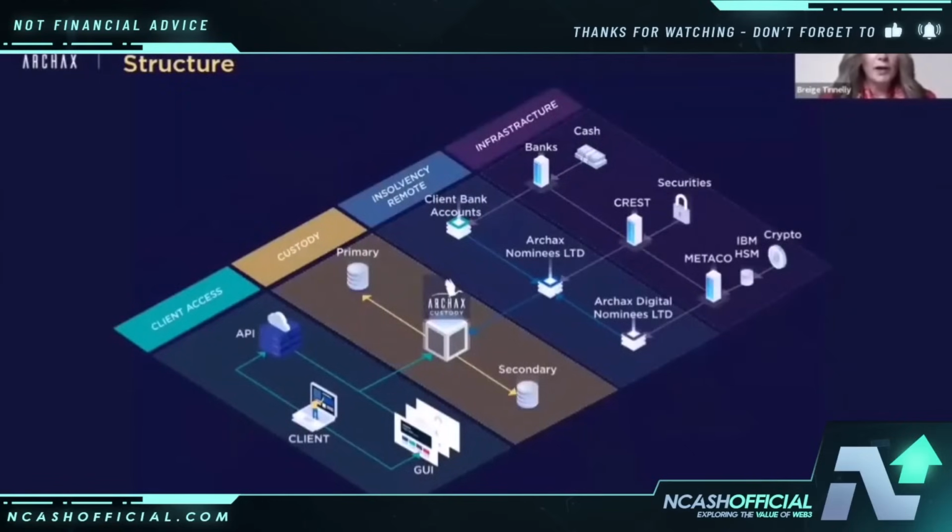Here you really see a deeper dive into what our institutional grade structure looks like. And this is really how we hold these multiple types of assets. So nominee trust structure for securities, and then in terms of security on the digital side, we have a segregated solution delivered in partnership with Medici and IBM. We've got multi-sig process in place for withdrawals.